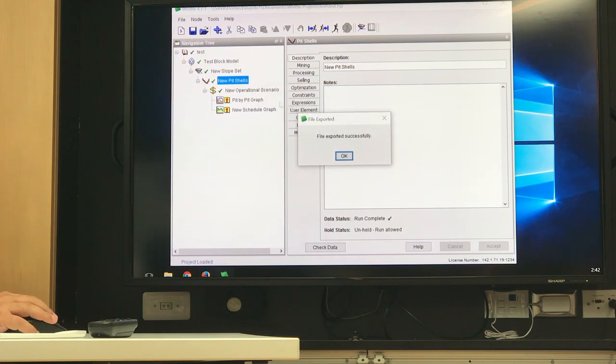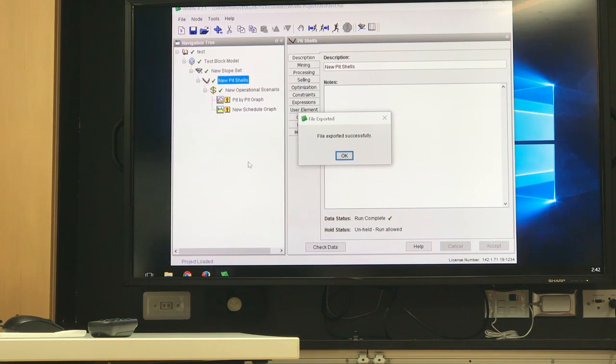So all of them have been created in the folder that you specified for your Whittle analysis. It's going to be a DXF file, and then you can visualize them as a solid in your mine visualization software.